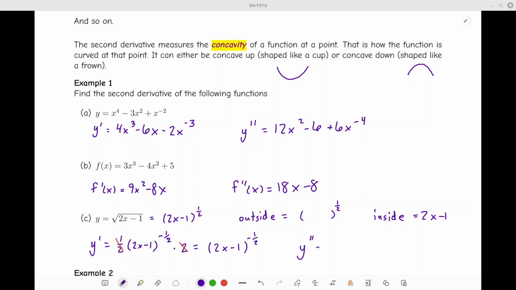And then y double prime would equal negative 1/2 to the negative 3/2 times 2, with the 2x minus 1 on the inside. And again, the 1/2 and 2 will cancel out, but notice the negative does not. So we get negative 2x minus 1 to the negative 3/2 for the derivative.